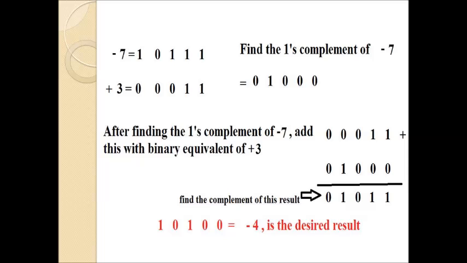The leftmost 1 is for the sign. So we can say the complement of the intermediate result is -4, and that is the desired result in our case. Okay.